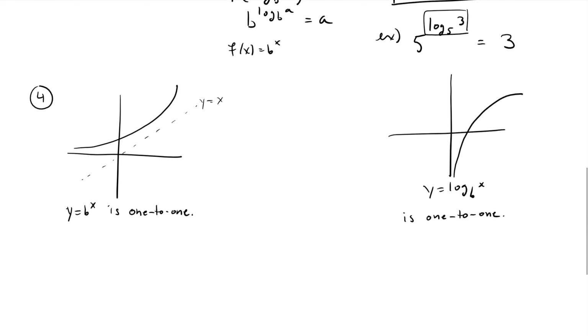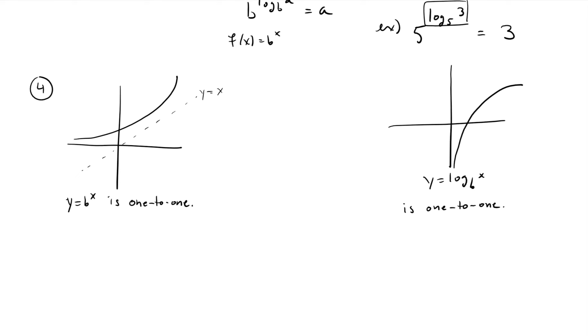Okay, so one-to-one means that if I have f of a equal to f of b, same y values, the x values have to be identical. Why? What does that mean? Imagine you have a function that's like this.